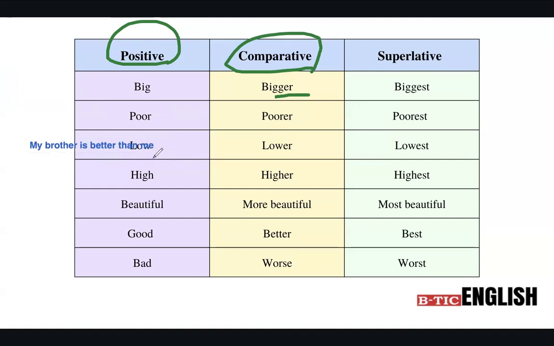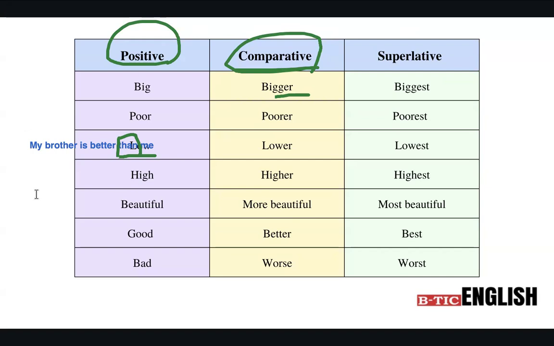So when you compare, you usually use the word than. She is poorer than me. You're comparing yourself to another person. That's the comparative form. And then you have superlative. Superlative means out of all, right? You're the biggest out of all.